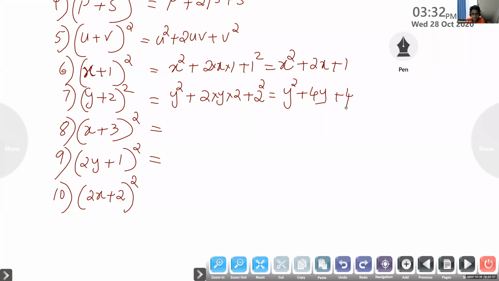Similarly, you can do the other question, x plus 3. Gopi Krishna, 8th answer. Ma'am, x square plus 6x plus 9.